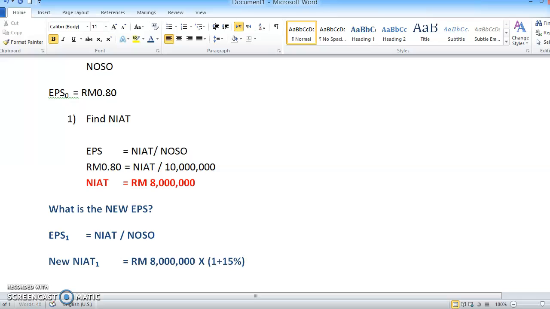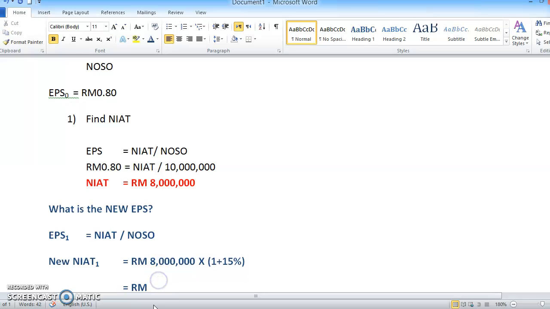Saya try samakan dekat sini. Okay, so berapa kita dapat? 8 million times 1 plus 15%. 1 plus 15% di sini adalah untuk menunjukkan kenaikan lah. Kan, the increase of 15%. You boleh buat secara manual, iaitu ambil 15% darab dengan 8 million. Jumlah jawapan itu tambahkan pula dengan 8 million. But if we calculate like this, you akan dapat terus jawapan dia berapa.